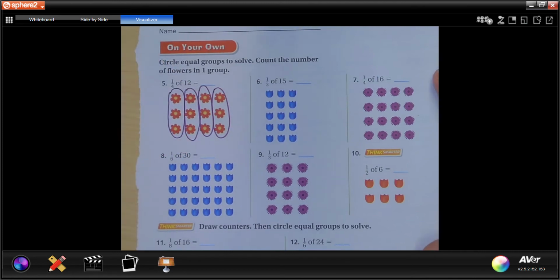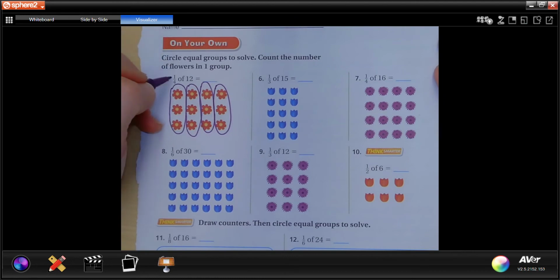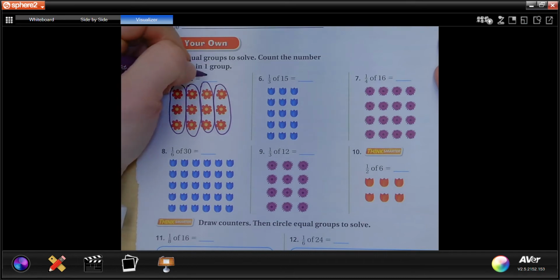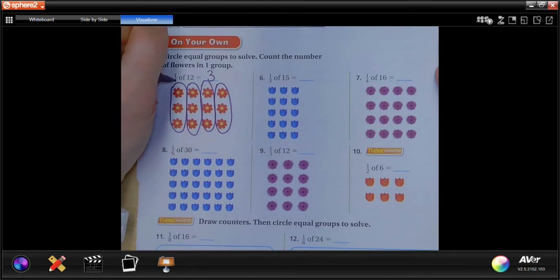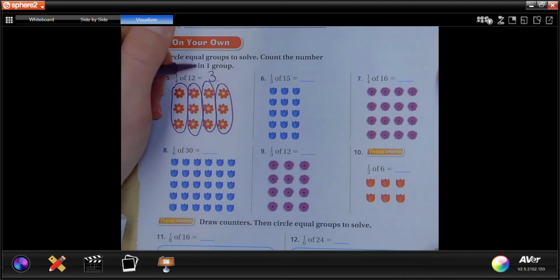Is that 4 equal groups? Yes. So we need to know what is in one of these 4 groups to know what our answer is. So 1, 2, 3. 3 flowers. So 1/4 of 12 equals 3.